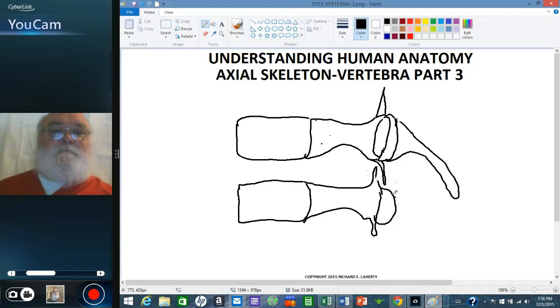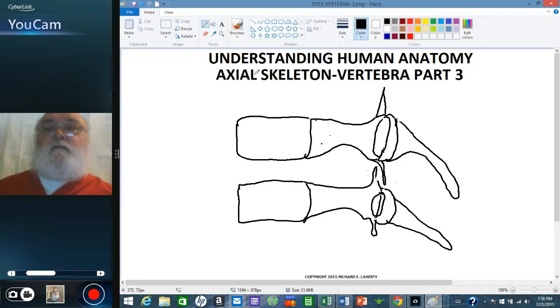The lamina, transverse spinous process, and transverse process.